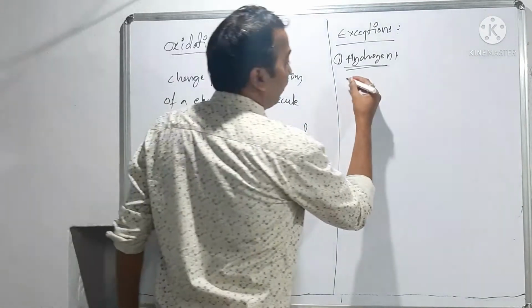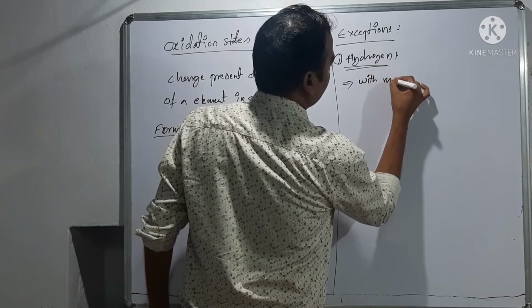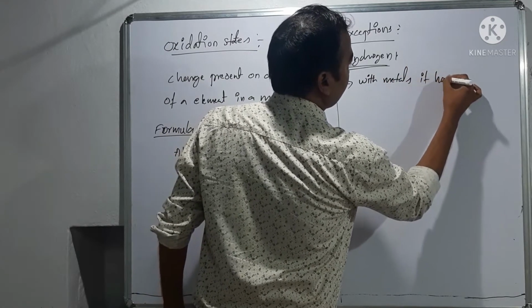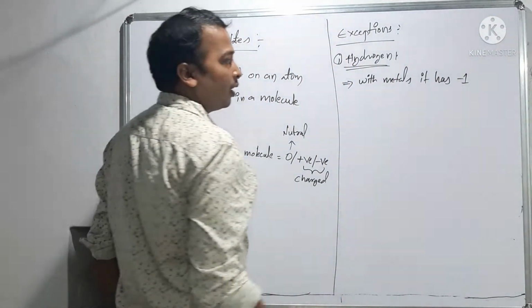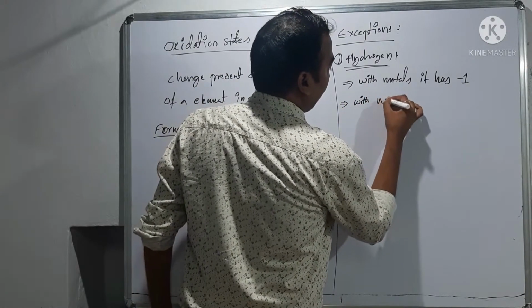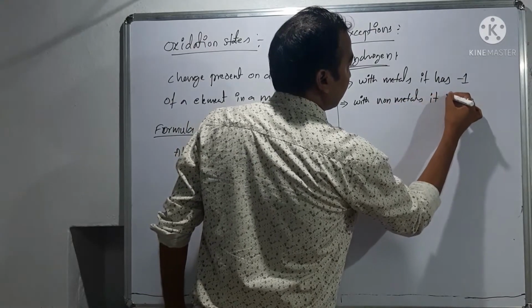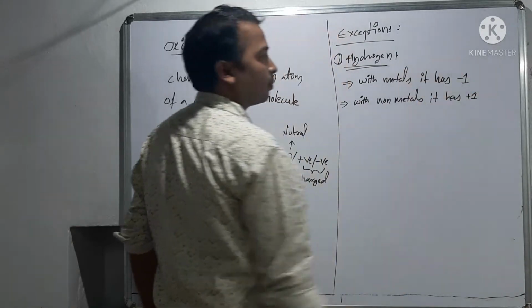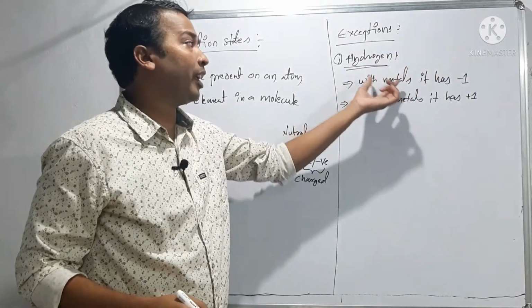With metals, it has a -1 charge, whereas with non-metals it has a +1 charge.